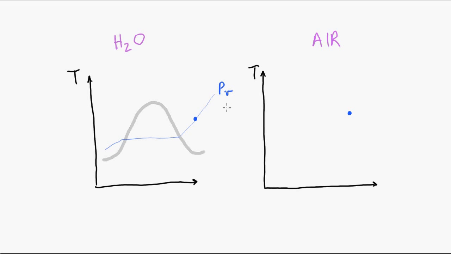And this pressure is PV, the pressure of the water vapor. If we were to cool the air-water vapor mixture to point 2, we'll make sure they're both at the same temperature. Point 2 is on the saturation curve. So we're cooling it to the point of saturation.